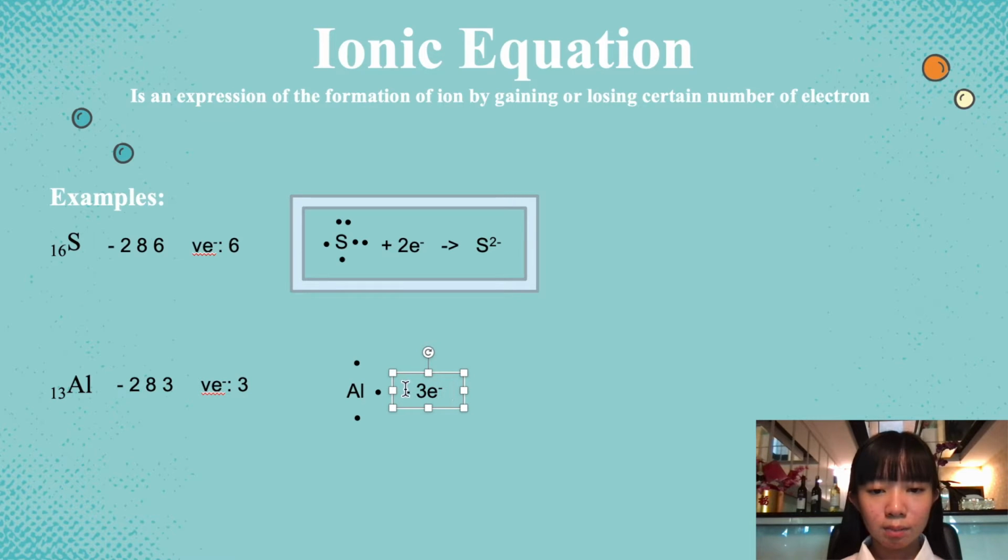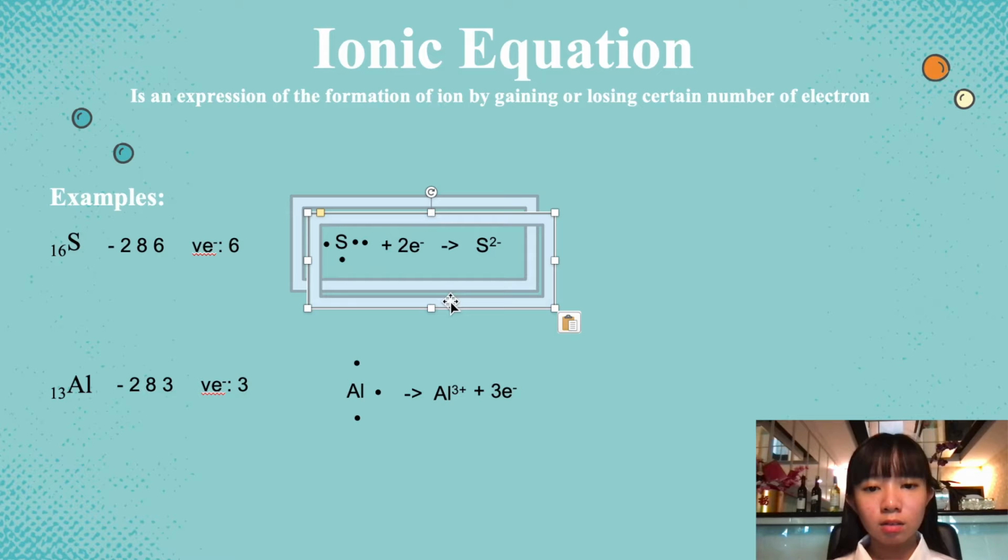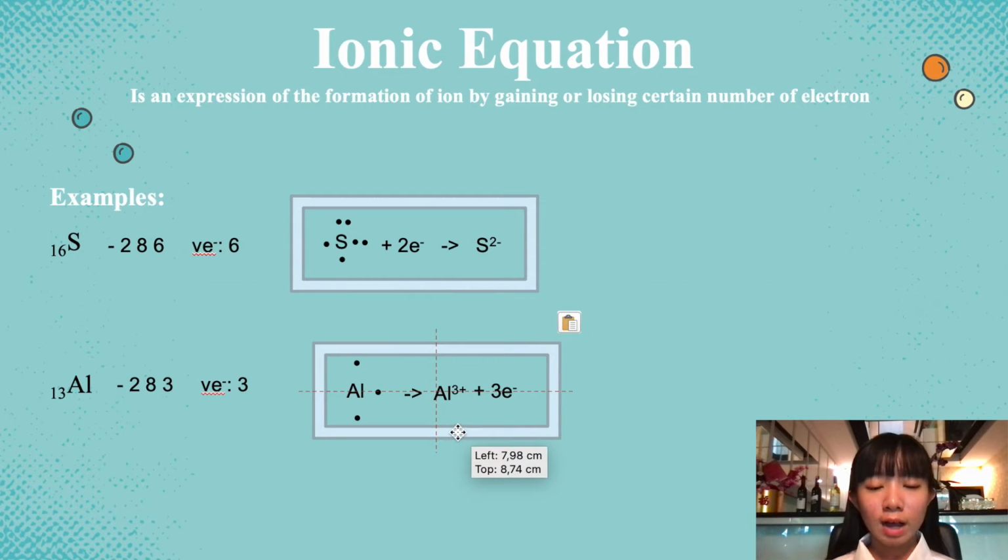So this will now become Al 3+. This transfer to the right side will become plus. Now this will become the ionic equation of aluminum.